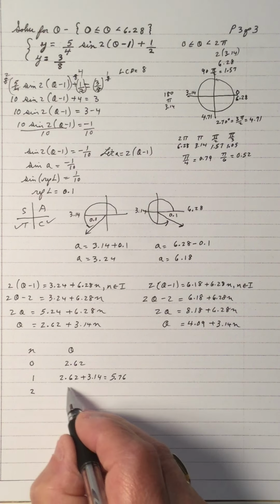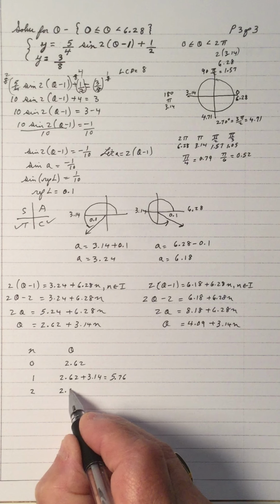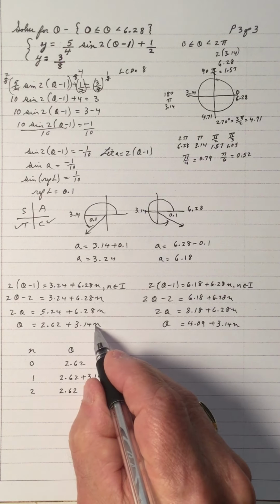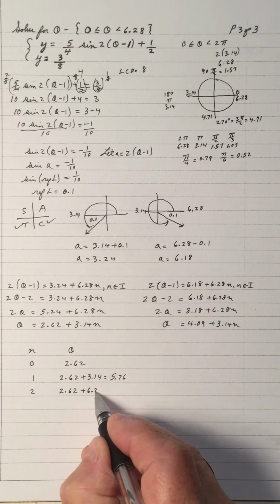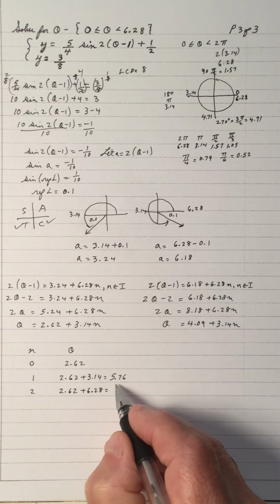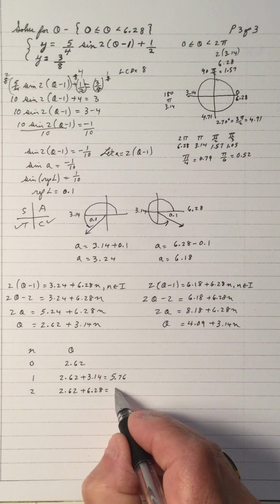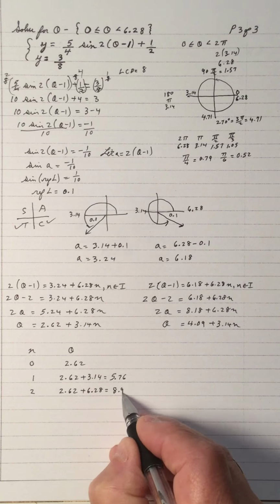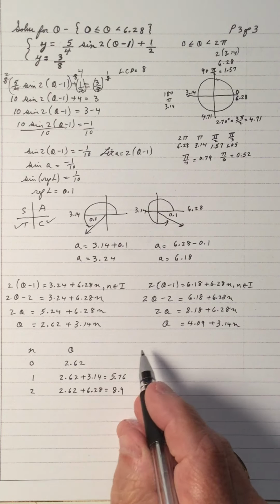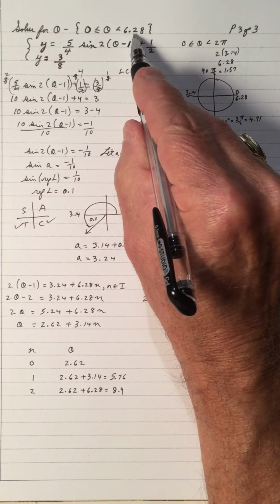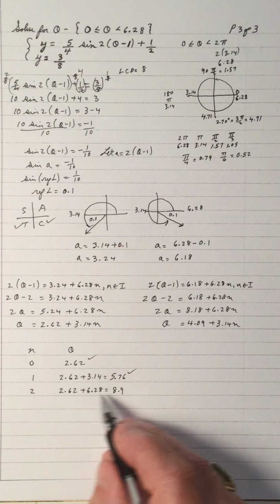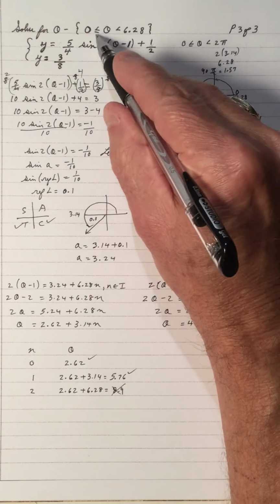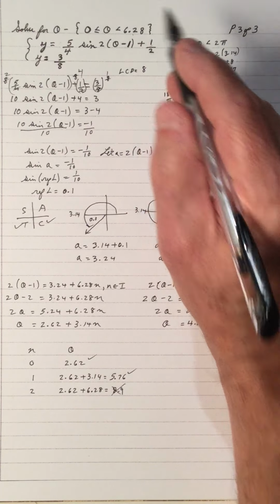And I'll put the 2 in, so we put 2 in here, like 2 times 3.14 is 6.28, and when you add that up, that comes out to be 8.9. Okay, notice between 0 and 6.28, so this one is okay, this one is okay, so this one is not. It doesn't fit into the domain.